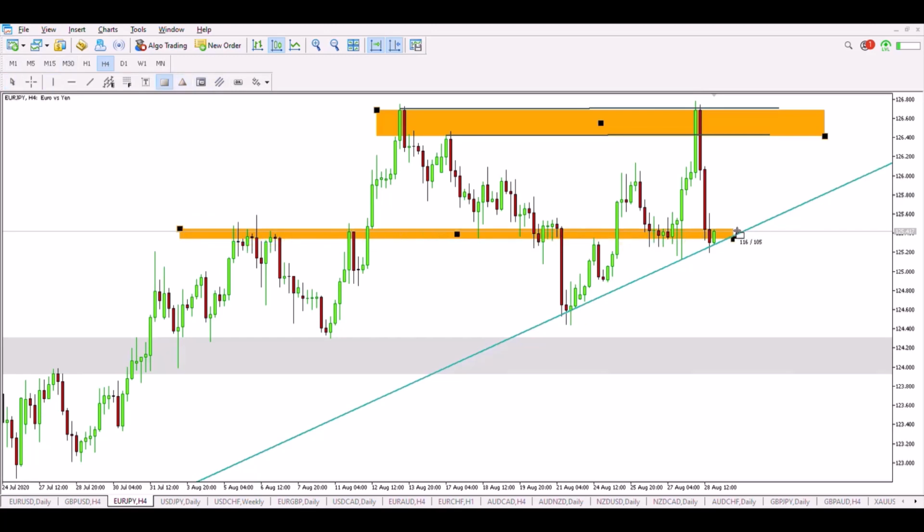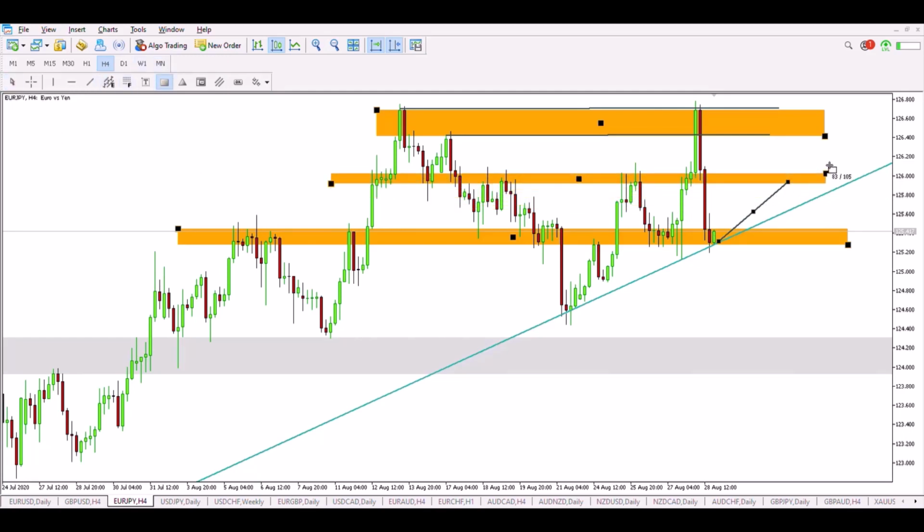As you can see, this is a strong support zone, so we can easily see some pushback to the upside or to these previous highs. If we draw one zone right here, this can be our first target if we buy somewhere right here, and our second target can be this previous high.